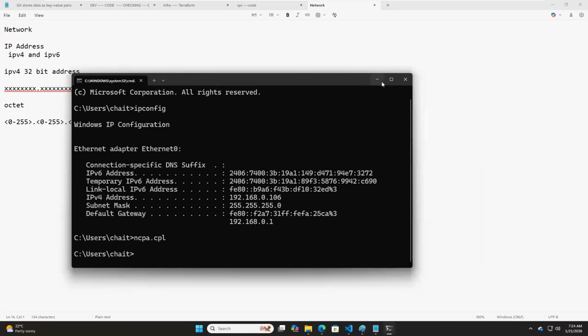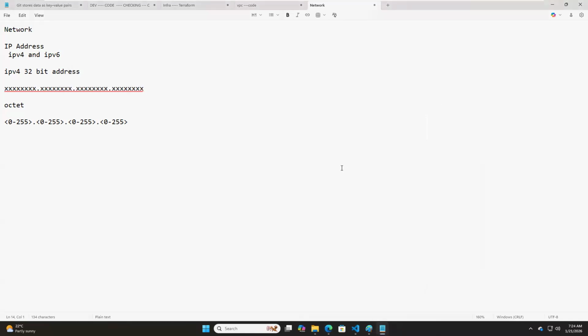So the subnet mask and IP address are a combination which cannot be separated. Definitely you need to have the IP address followed by the subnet mask. Why do we need the subnet mask? Because of the identification of the network portion and host portion of the IP address.